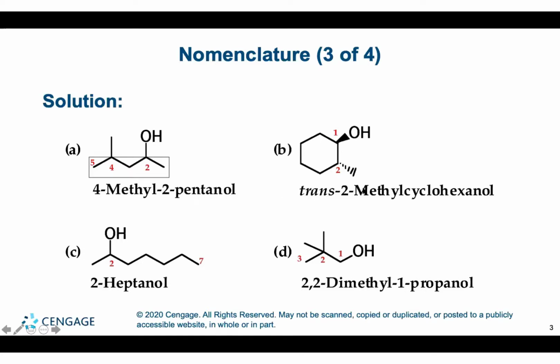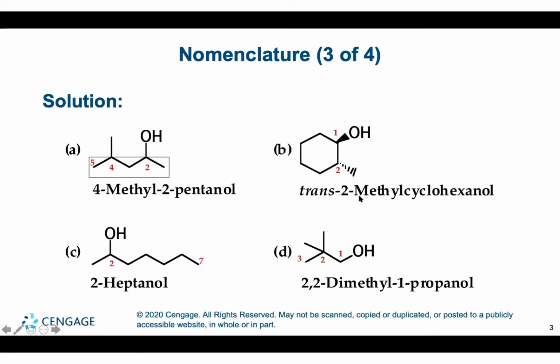Okay, so let's do the second one. In the second one, we start numbering from the carbon that has the OH group, and we do clockwise numbering here because I reach the branch sooner. So we go clockwise here, and I start with the branches.